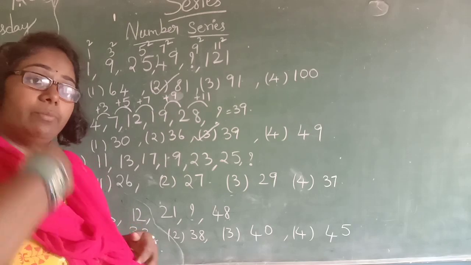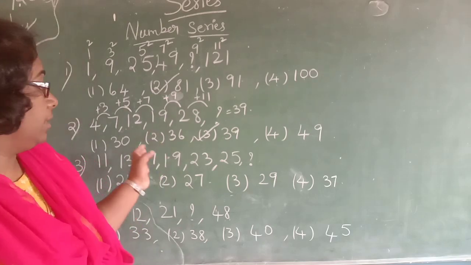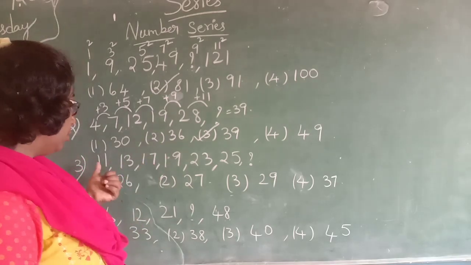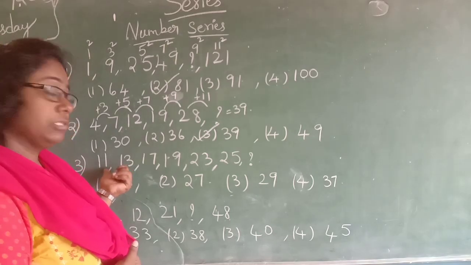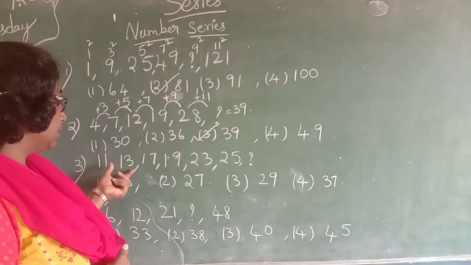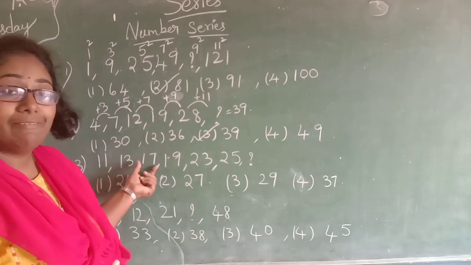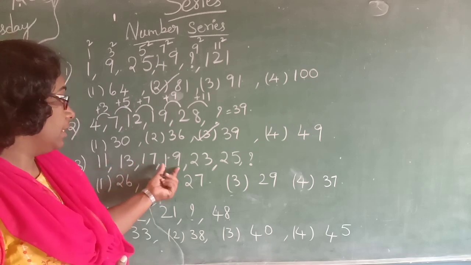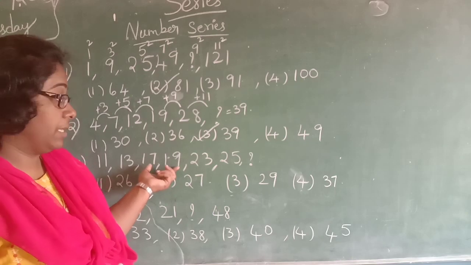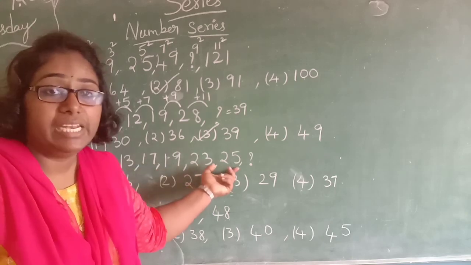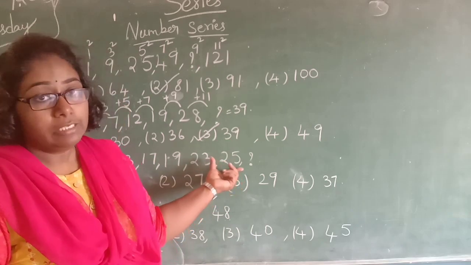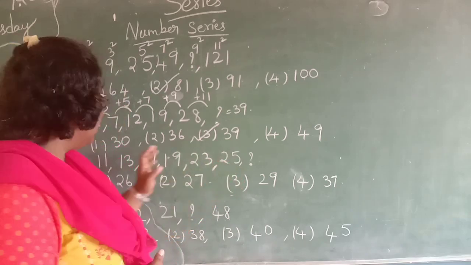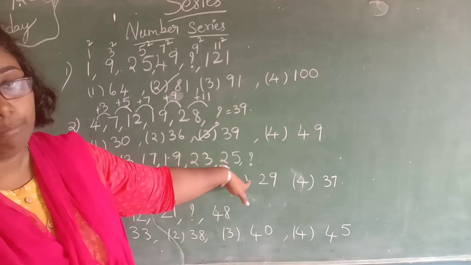That means it can be an odd number or a prime number. 11 is an odd number and also a prime number. 13 is also a prime number. 17 is also a prime number. 19 is also a prime number. But here you can see that 25 is not a prime number. It is an odd number. So by this we can know that this series is an odd number series.